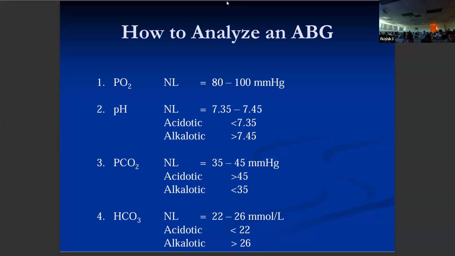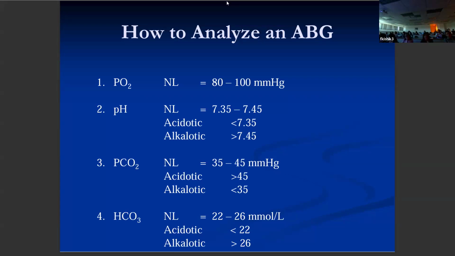If you have an abnormal pH, you should not have a normal CO2 or a normal bicarb. So that pH will determine what happens to your CO2 and your bicarb. And this is where you get compensation from. So real quick, let's say your pH is very, very low, and you have a high CO2.